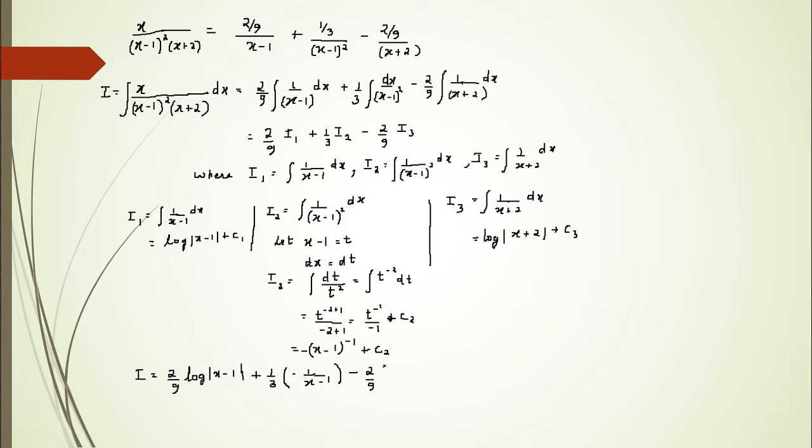I3 is log of x plus 2. Now this is 2 by 9, this is also 2 by 9. I can take 2 by 9 common.